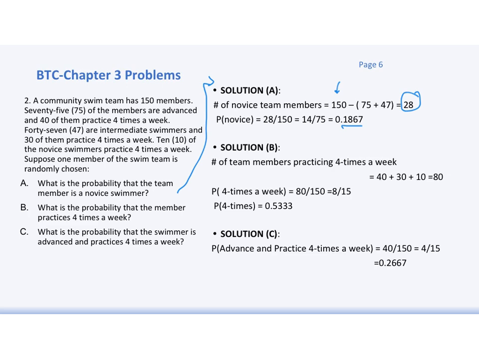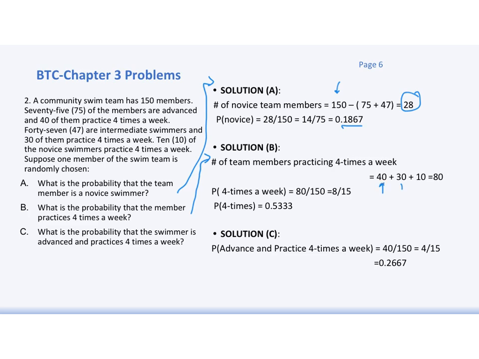18.67%. The second question, B, what is the probability that the member practices 4 times a week? Well, for the number of team members practicing 4 times a week, we know for the advanced there's 40 that practice.